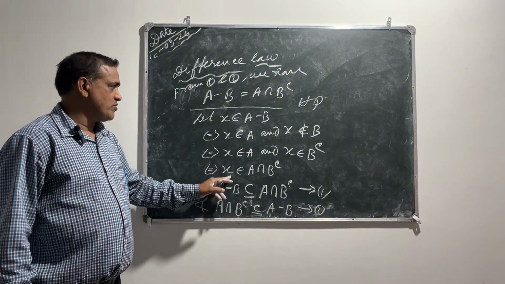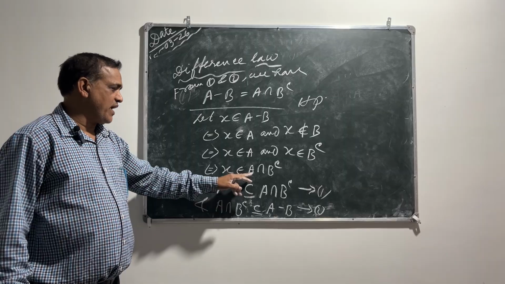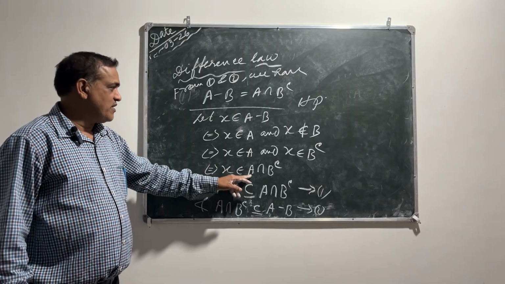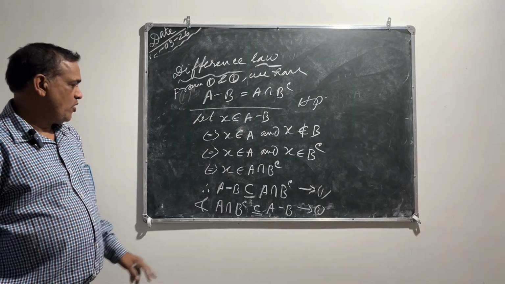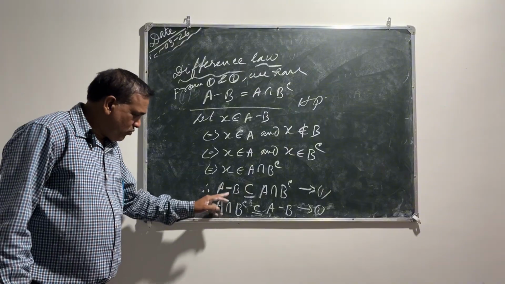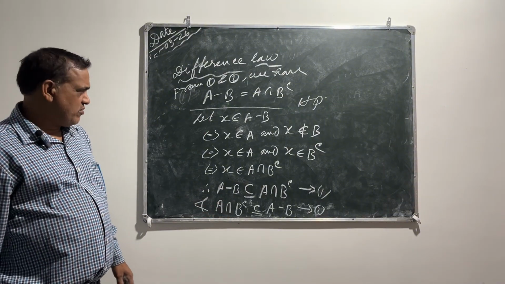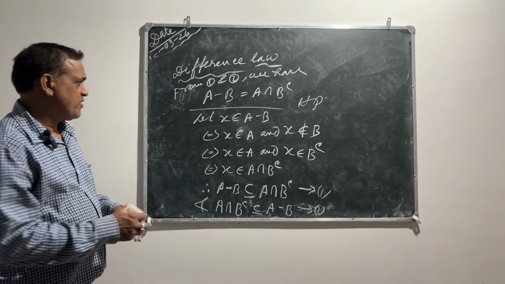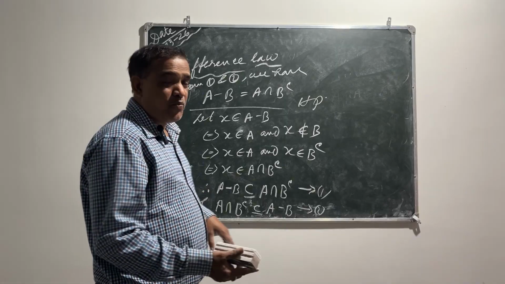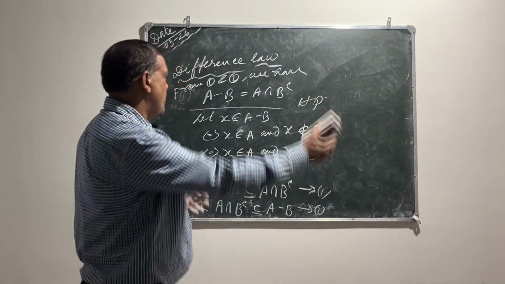This implies X belongs to this, so this will be a subset of this. Again, from the reverse implication, this will be a subset of this. So if we combine these two, we can write A minus B equal to A intersection B complement. So this way we can prove the difference law.